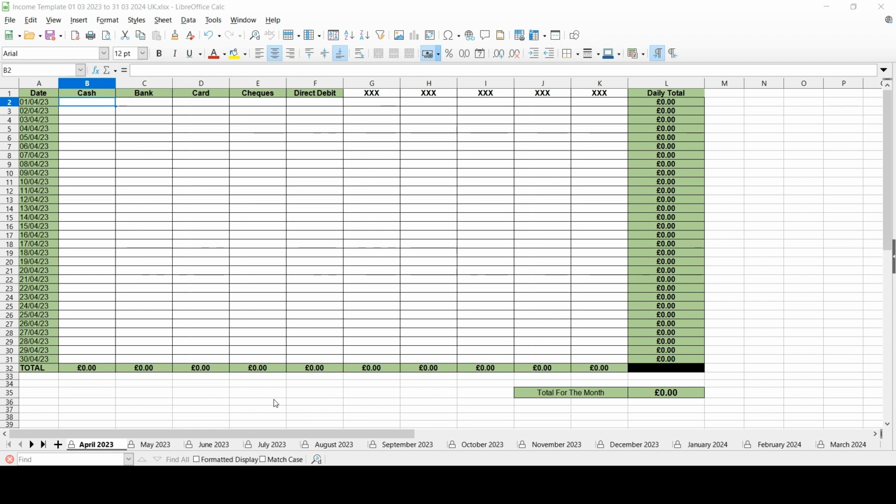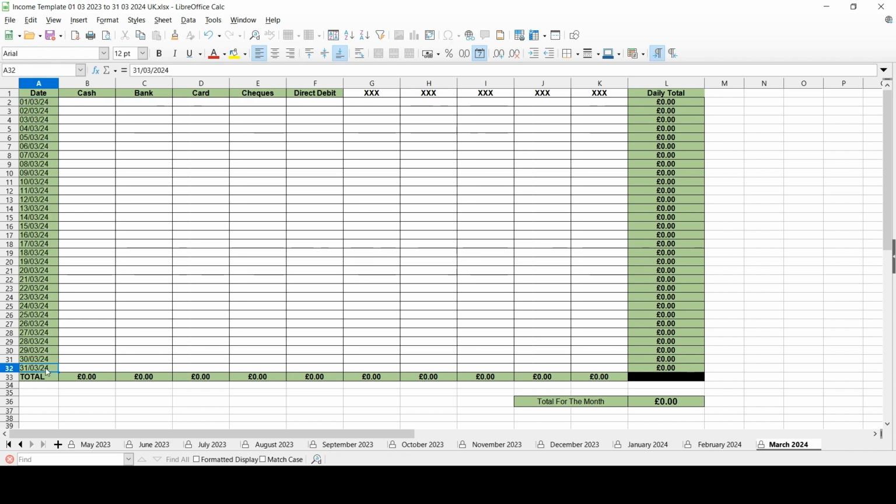In this particular example, I am talking about the current financial tax year. And to make it simpler, I am using 1st of April 23 as the first day of the financial year and 31st of March 24 as the last day of the financial year.